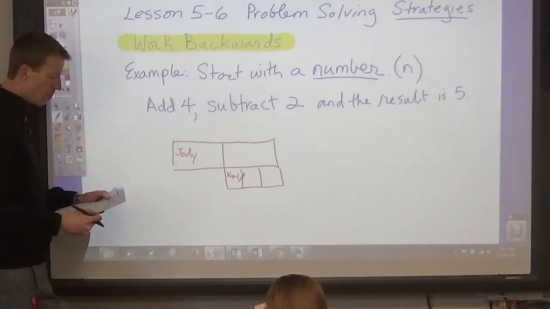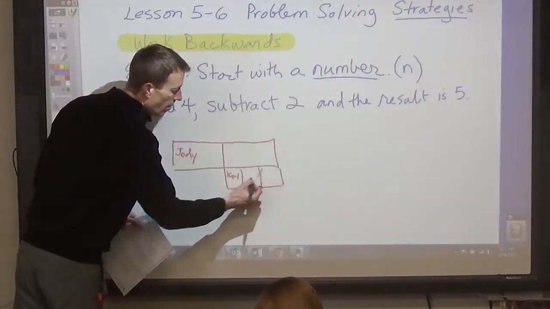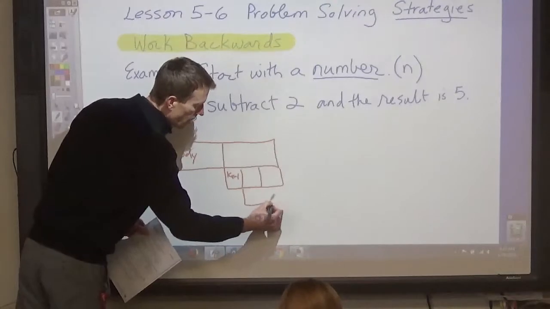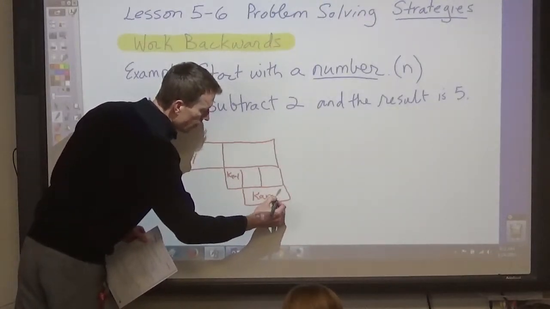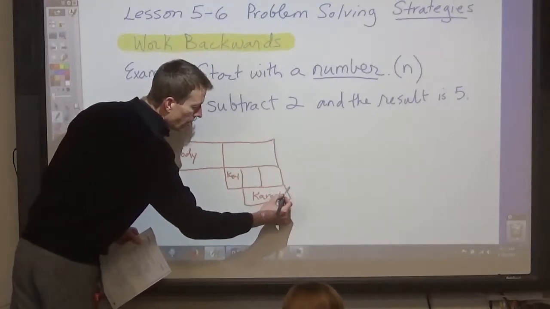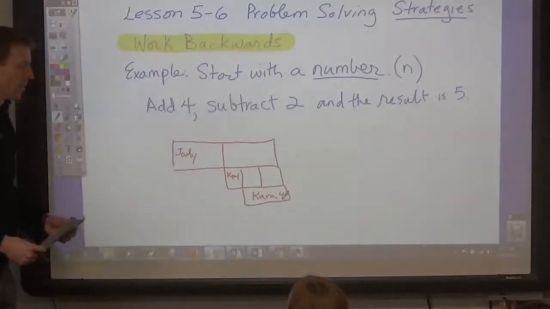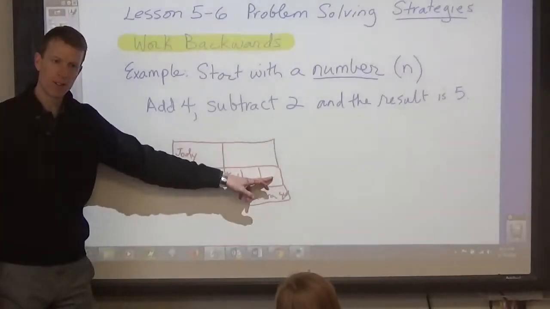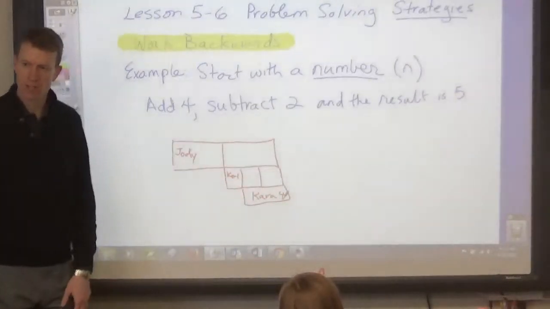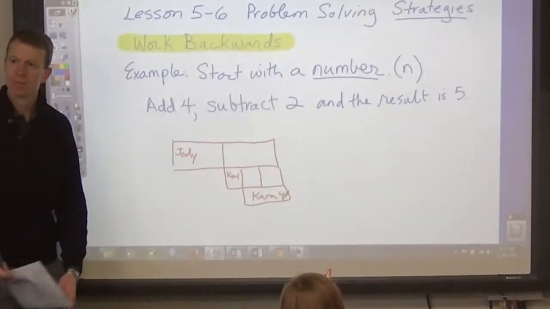And Kara said she could pay the remaining $4. So here's Kara's portion, and it says $4. Now, if Kara's paying $4, and that is these two amounts, how much is each of these amounts? Jacob? $2.